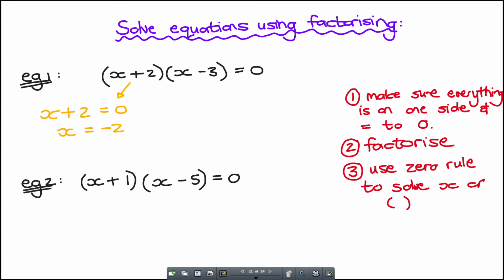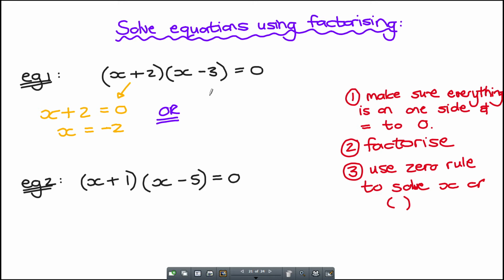So that's one option. Now, because we have a second option, it's not like we're going to use both at the same time. It's either the one or the other one, and that's what I want you to say: or. You can't say and, because I'm not going to use both at once. I either make the first bracket 0 or make the second bracket 0.